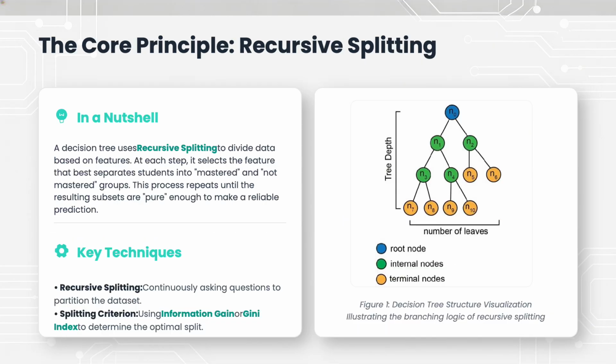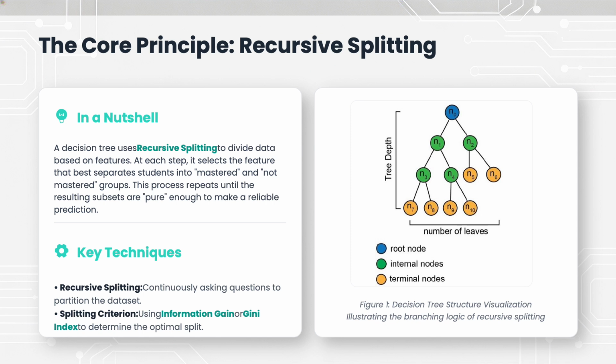The magic behind a decision tree is a process called recursive splitting. Recursive means it repeats the same action over and over. Splitting means it divides the data into groups. The tree starts with all the students and asks a question that best splits them into 2 groups, those who know the concept and those who don't.